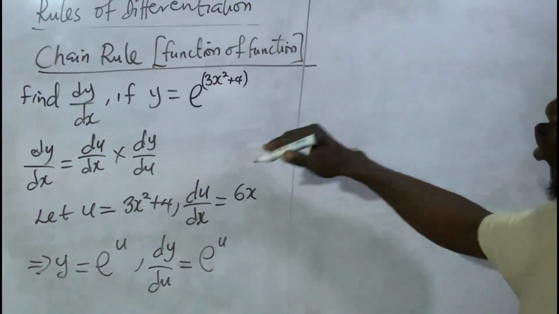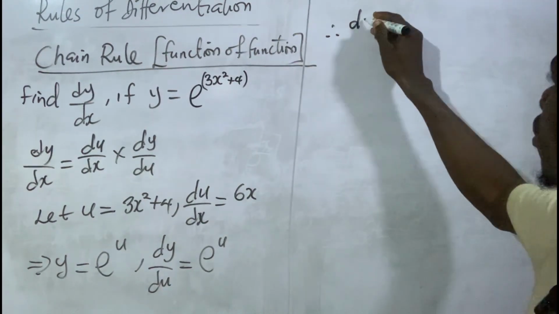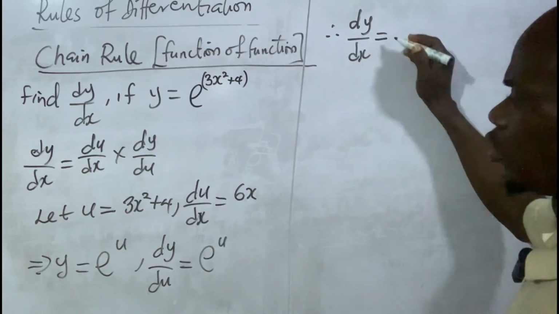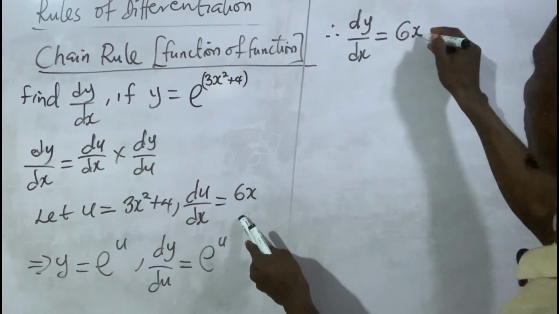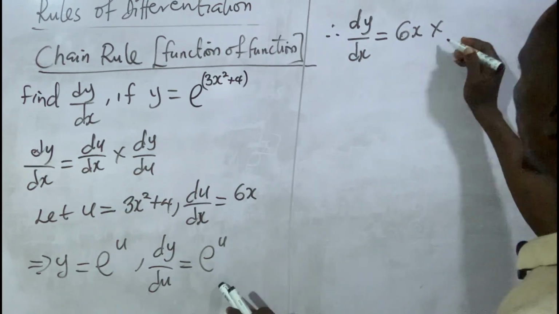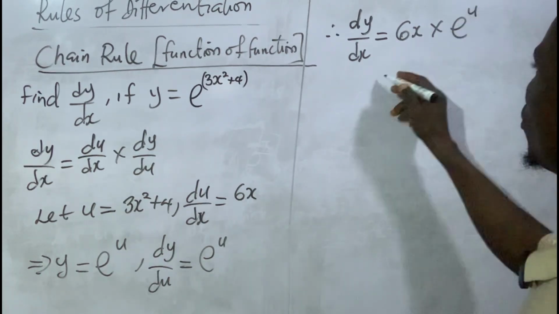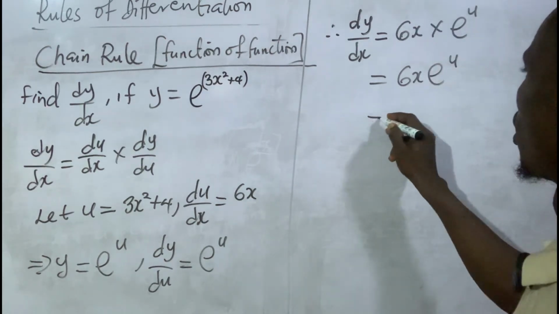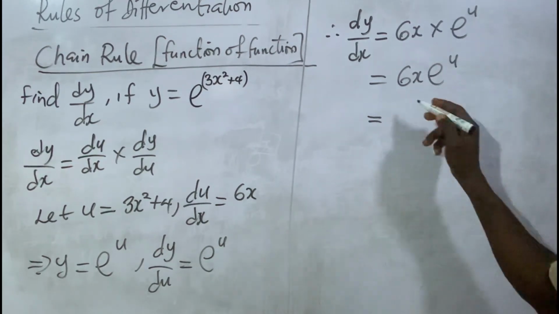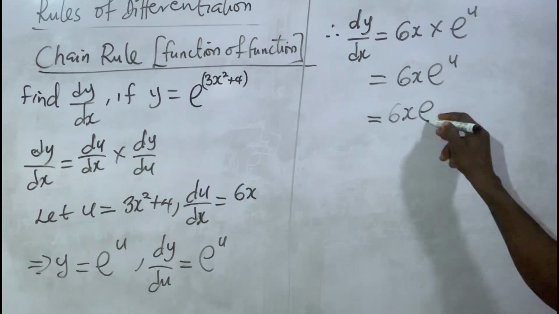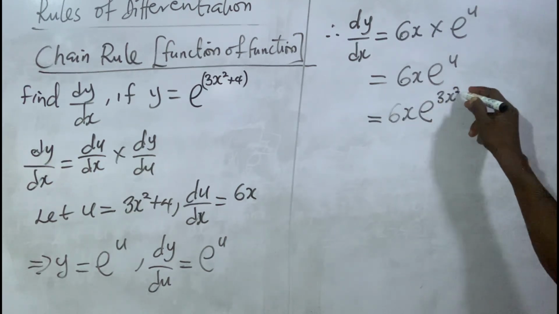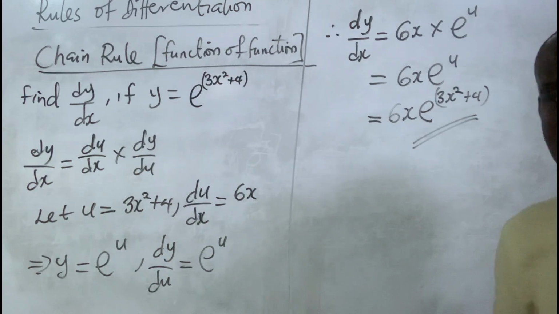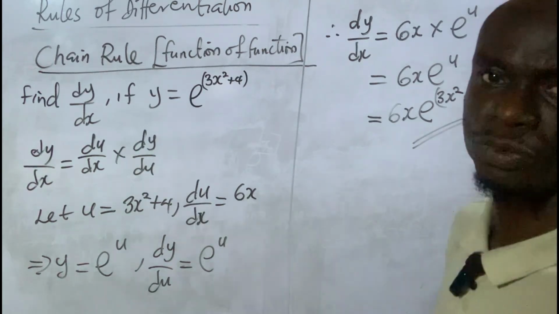Now we substitute into the formula. Therefore, dy over dx is equal to du dx, that's 6x, times dy du, that's exponential u, which means we have 6x exponential u. When you bring back your u, you have 6x exponential 3x squared plus 4. So this is our chain rule.